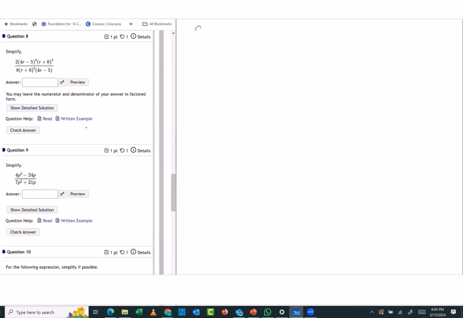Again, we want to simplify. We have 2 times 4r minus 5 to the third power times r plus 6 to the fourth power divided by 8 times r plus 6 to the fifth power times 4r minus 5.